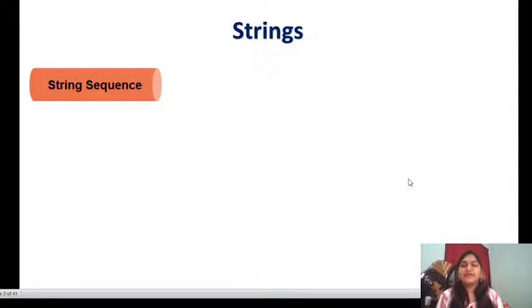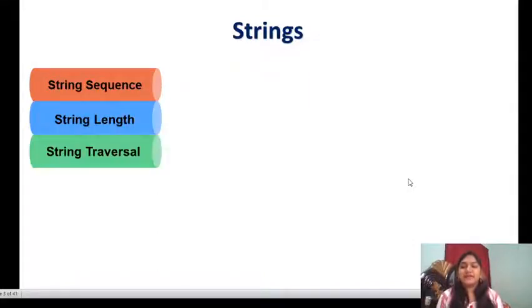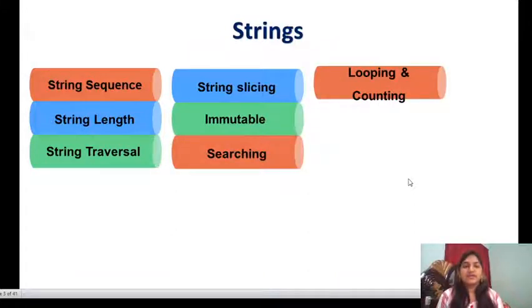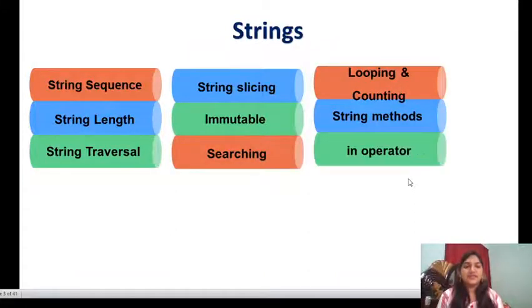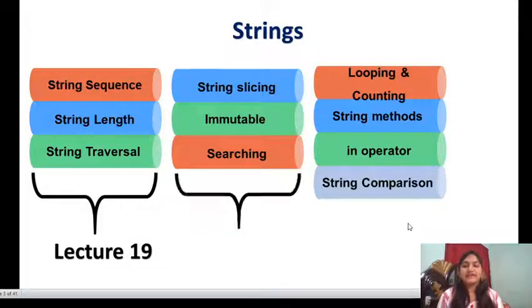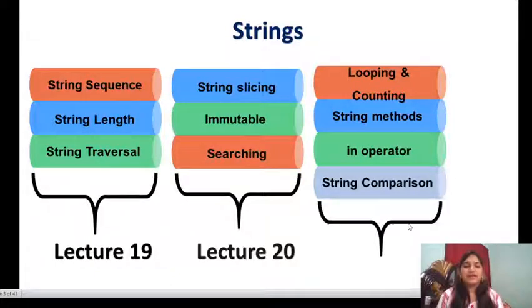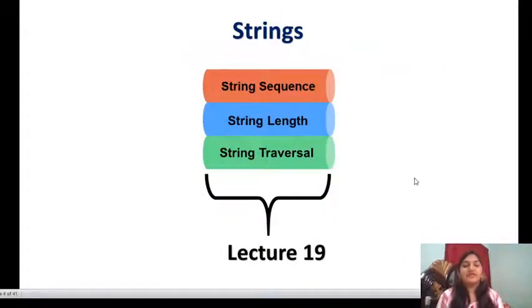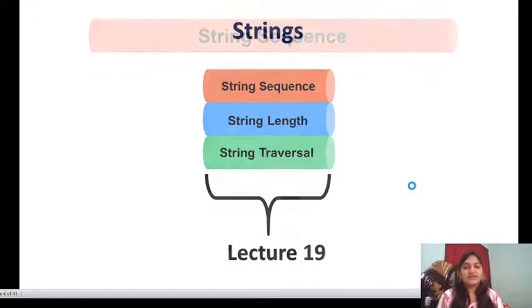String sequence, string length, string traversal, string slicing, immutable, searching, looping and counting, string methods, in operator, string comparison. We'll discuss three lectures: 19, 20, 21. This is where we define string operations. First we will see what is meant by string sequence, string length, and string traversal.